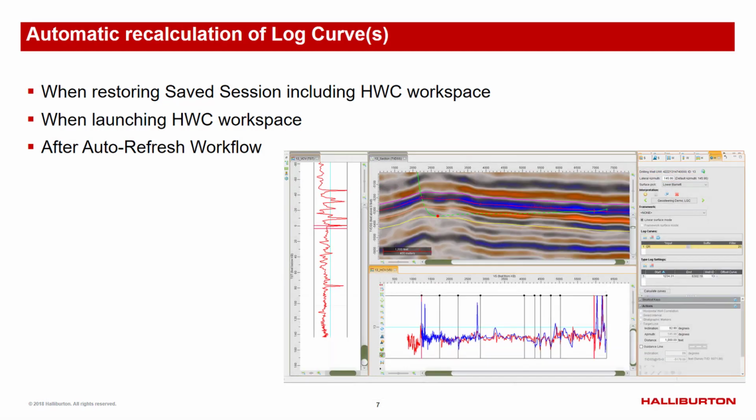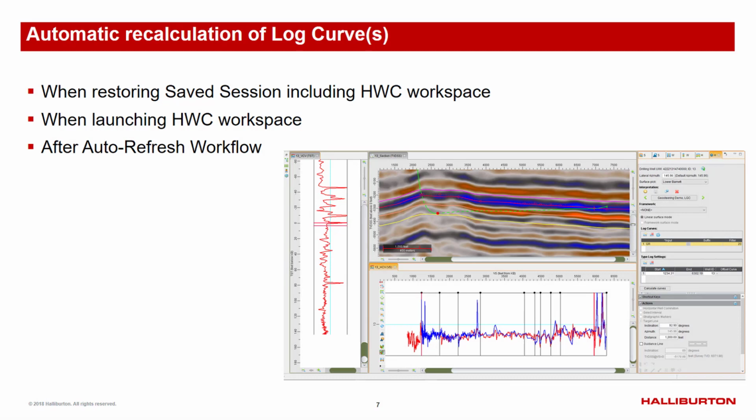And then the last one, but also an important one, is after the auto refresh workflow. Just like I mentioned, whenever you set up automatically reloading the data, reloading the session from OpenWorks, that's usually a pretty frequent or normal workflow for a geosteering operations center. So when you run the auto refresh flow, like every 5 minutes or every 10 minutes, when you load the data from OpenWorks, your DSG session will automatically load the data for you and also populate the log for you.